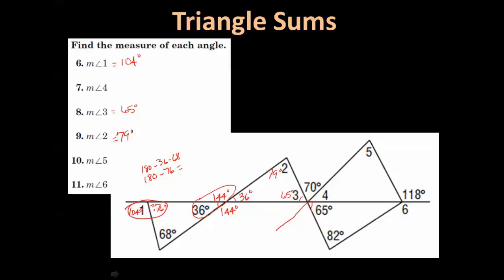Angle 4, oh look, all three of these angles right here form a linear pair, so I can say 180 minus 65 minus 70 gives me 45 degrees for angle 4.